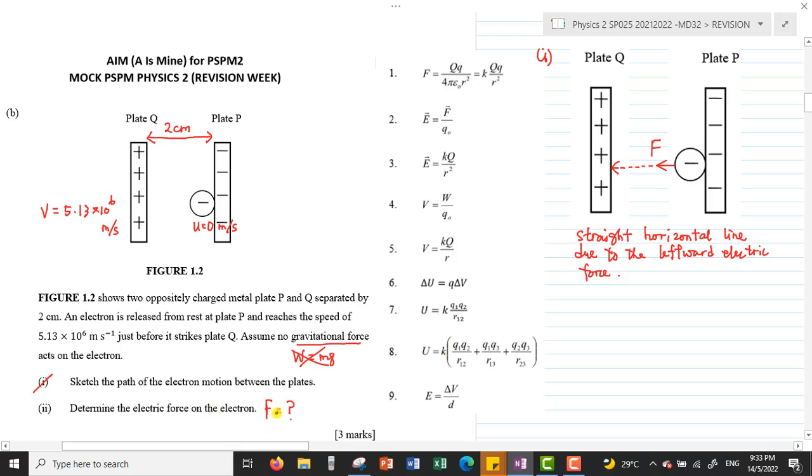Because of this electric force, the electron will move from rest and reach a speed of 5.13 to the power of 6 meter per second when it strikes on plate Q. So it experiences an acceleration a due to the electric force.